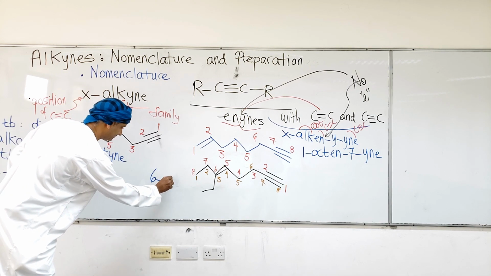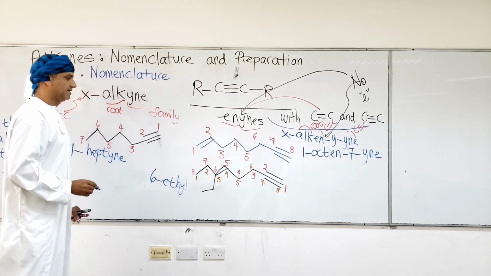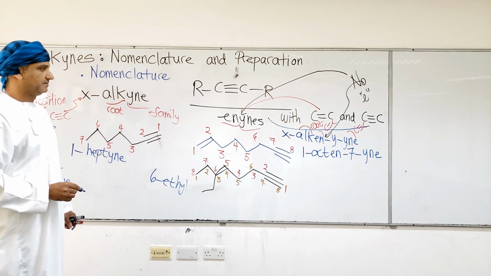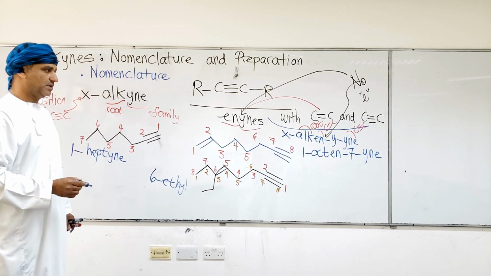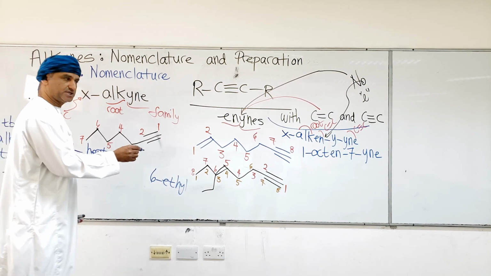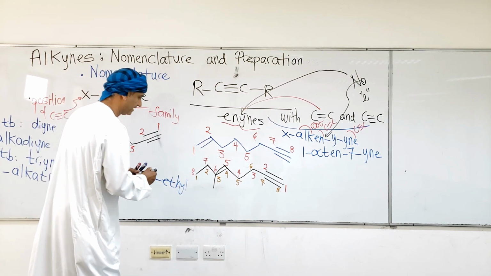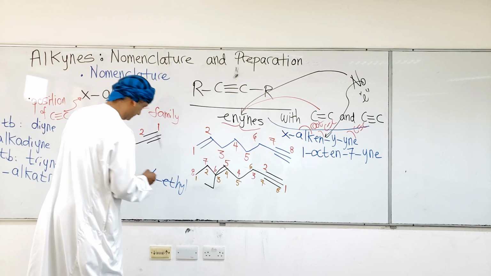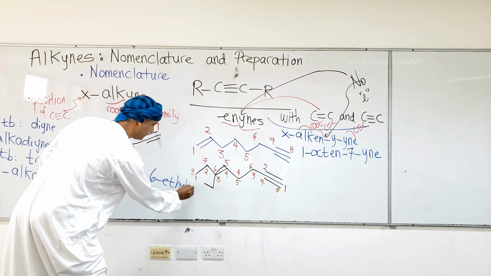6-ethyl, and then X-alkene-Y-yne. So what's X? X is the position of the carbon-carbon double bond. So that X should be now 5.